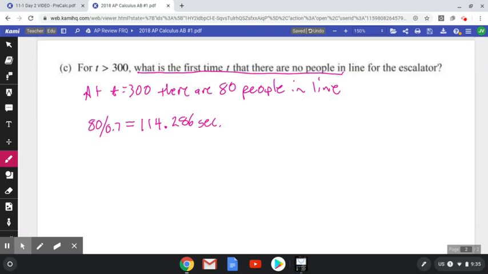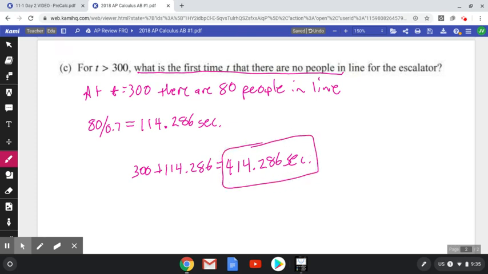So what we actually want to do for our final answer here, because t is given from time t equal to 0, is add these two values together to get our final t value. So you're going to wind up with a final answer of 414.286, and that's seconds. So that's the actual t value when there are no people in line for the escalator.